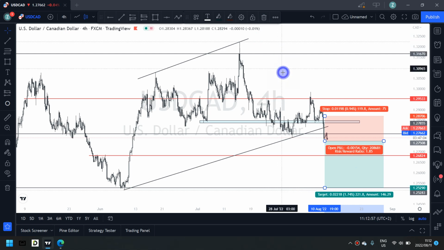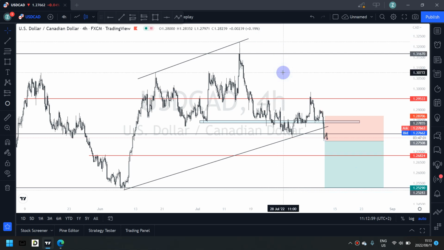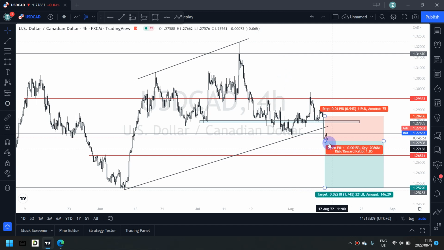So basically now what I'm seeing is that my setup, my strategy is telling me that we are ready for sell, right? So I've placed a sell stop already.